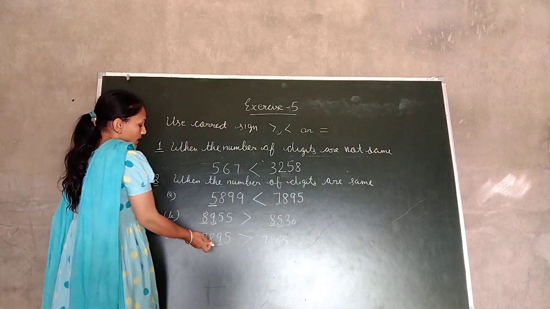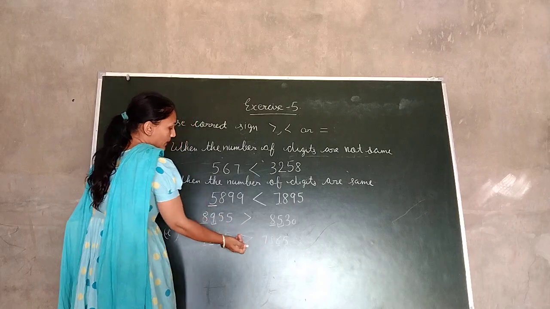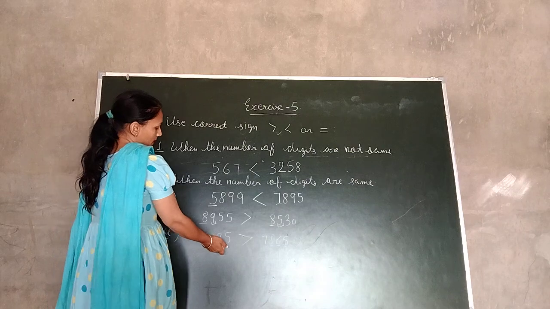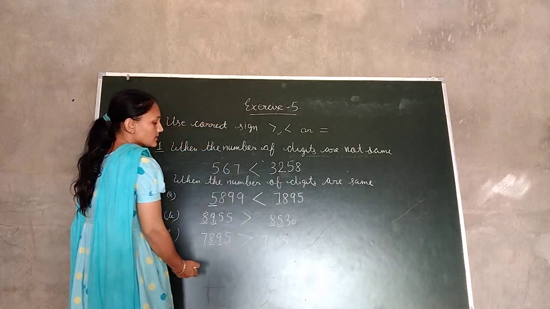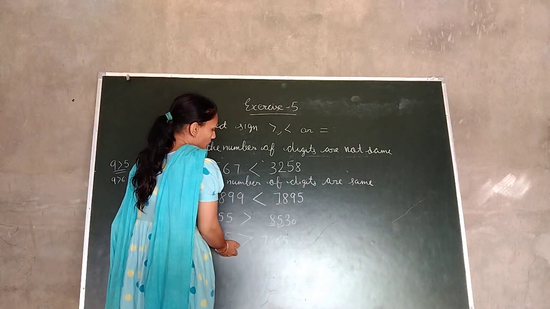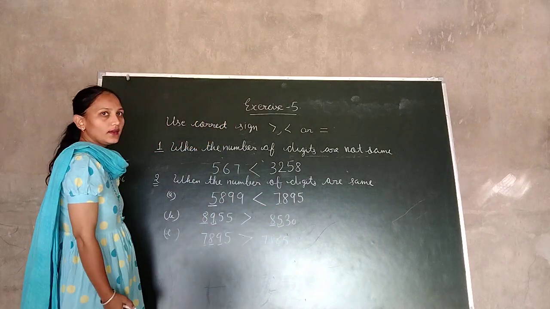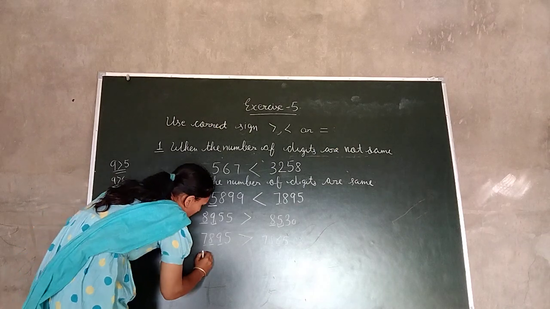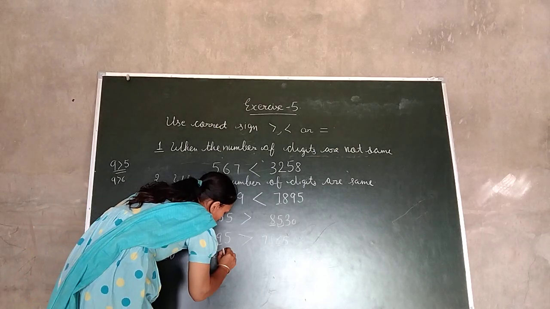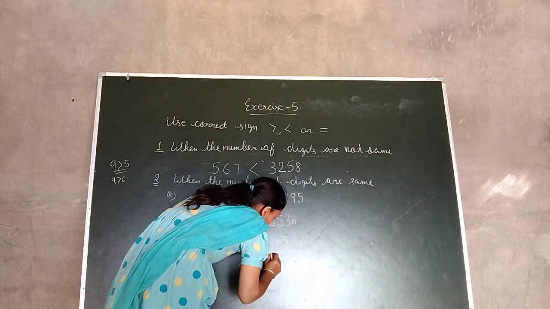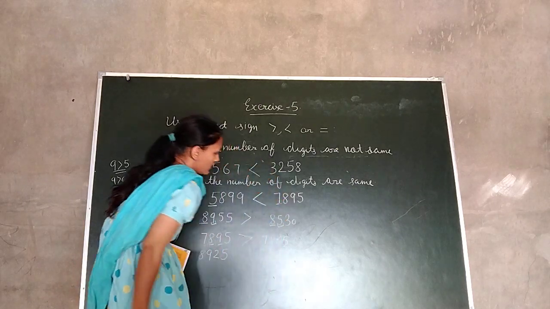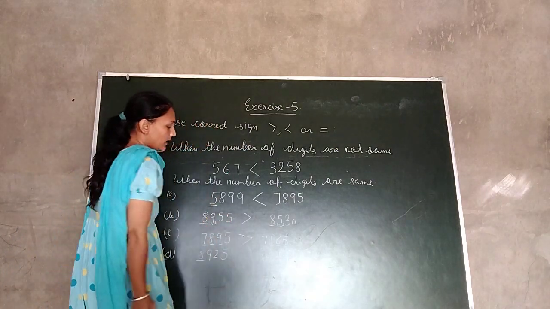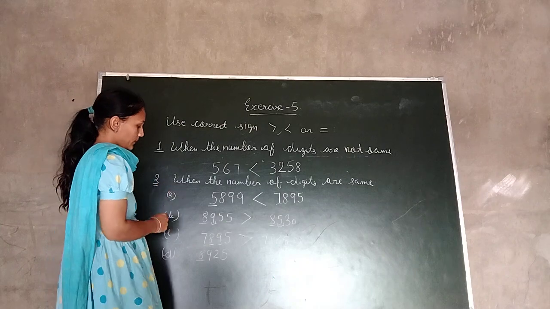Next concept is, if we have digits in thousand place that are same, in hundred place that are same, and in tens place that are also same, then we will compare the digits in ones place. So 8925. Here we have 8921. First of all we will compare the digits in thousand place. Both are same.